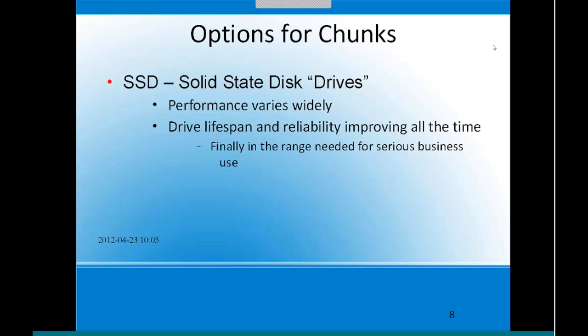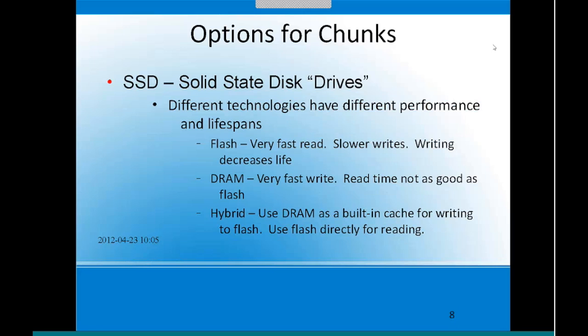So you need to find the drives that do what you need them to do for your operation. Okay. So those drives can have flash in them, they can have DRAM in them, they can have hybrid storage with some combination of flash and DRAM, perhaps using flash as a cache internally for the DRAM as a cache for the flash.